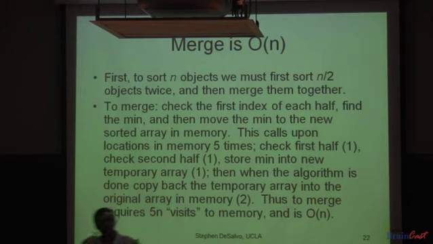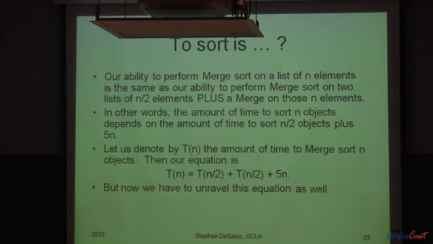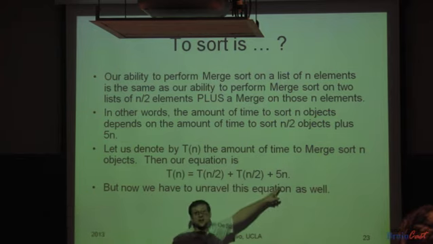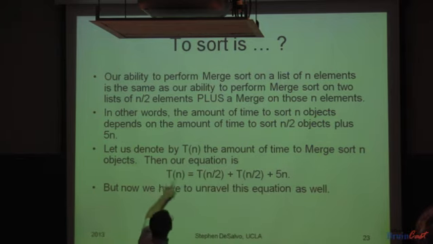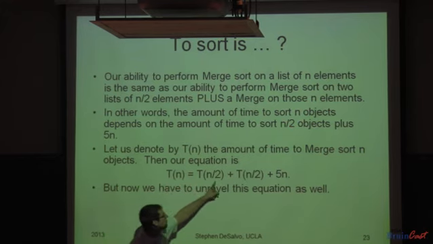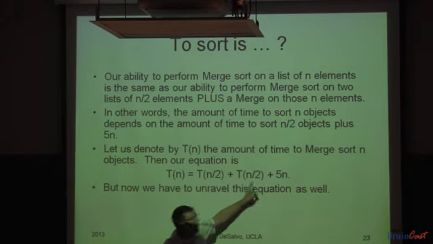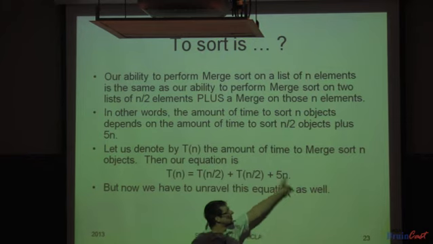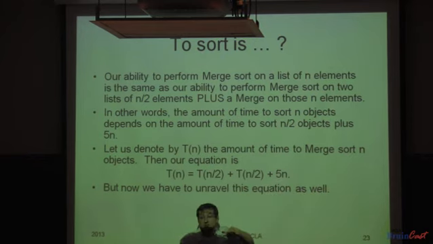The merge part is big O of n, and so what's going to end up happening is we're going to be solving this equation right here. So we have T of n, the task to sort n objects, equal to the task of sorting half as many objects twice, plus merging those elements all together. Okay? So we'll pick up with this next time.